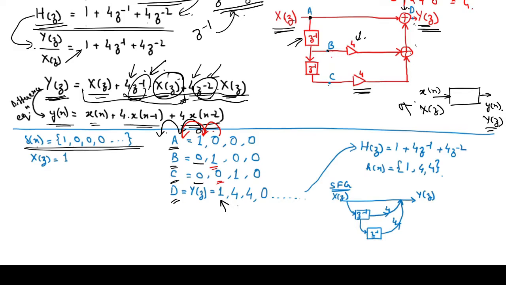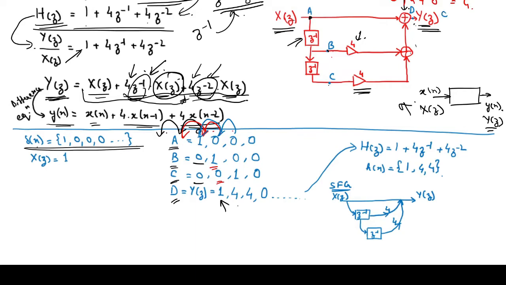What happens in the third instance? Again, let me change the color. 0 at A. At B, 0. At C, 1. 1 multiplied by 4.